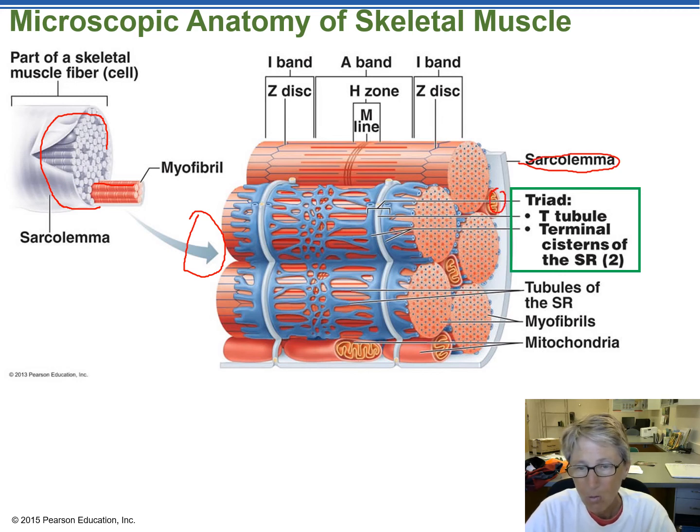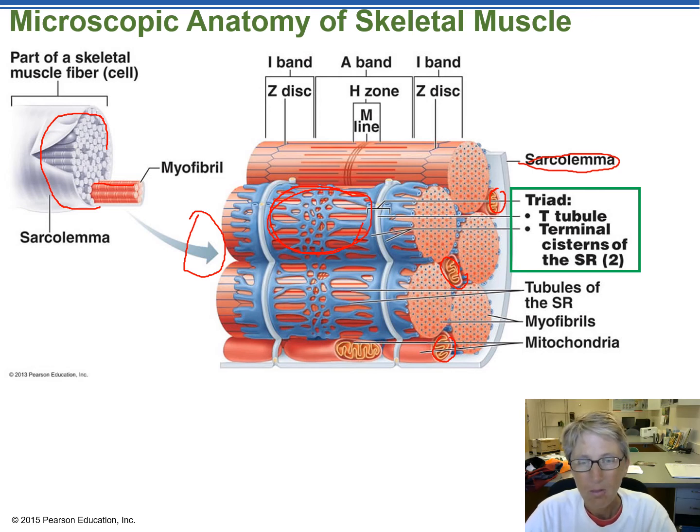Here's mitochondria, so you see mitochondria throughout the skeletal muscle cell. But now we're going to look at a new structure that sits on top of the sarcomere, and that is the sarcoplasmic reticulum, or the SR. That's all this blue stuff. This is all SR, and it contains calcium.